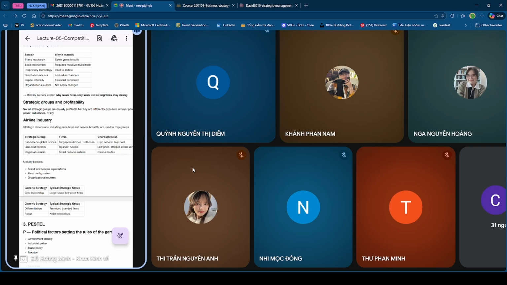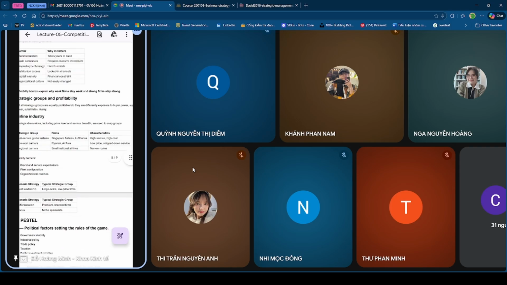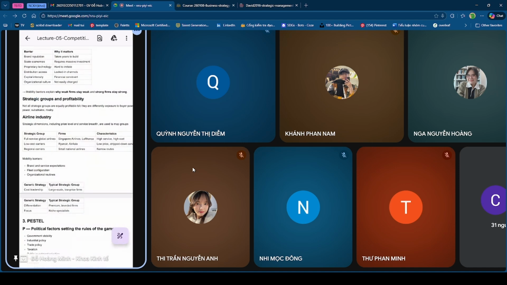So the first dimension is the route. The route is broad or narrow. And the second is the service: full service or low service. The first group contains Singapore Airlines and Lufthansa.